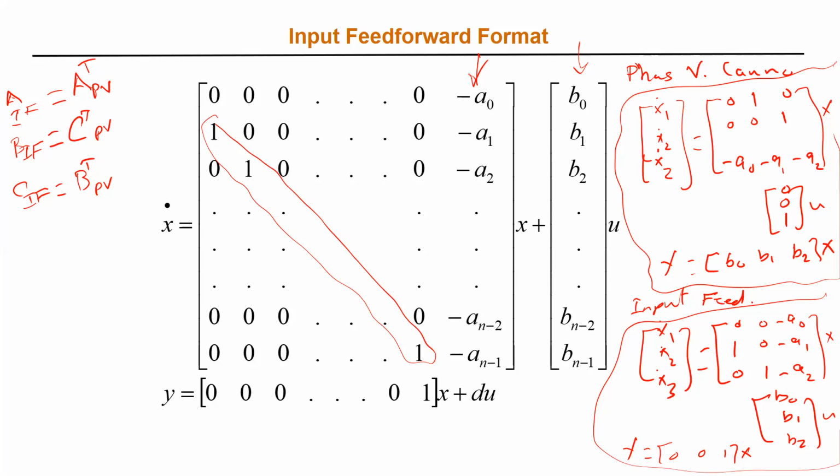If you want to design a state feedback controller, where you feed all your states back to the system with a certain gain, it will be very simple if you have the system in the first representation.